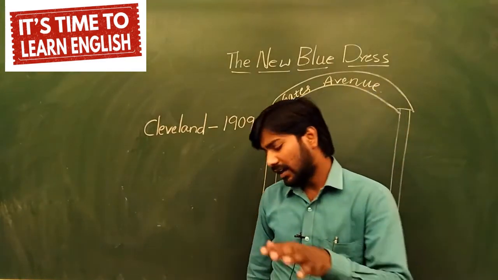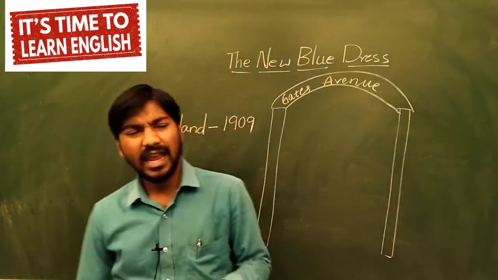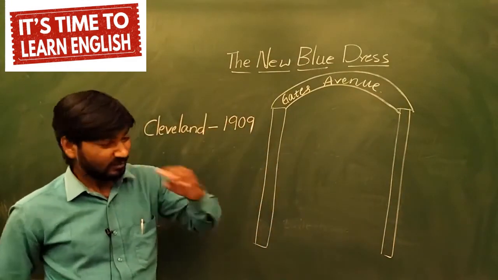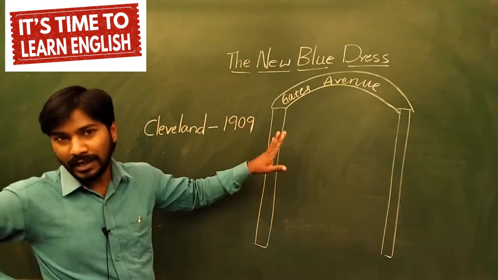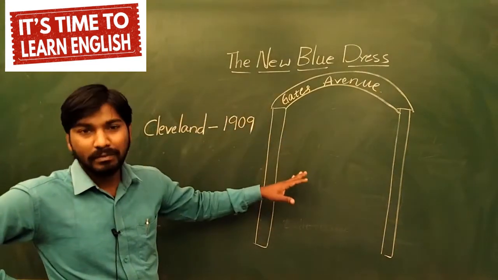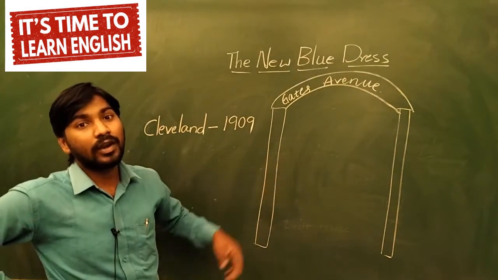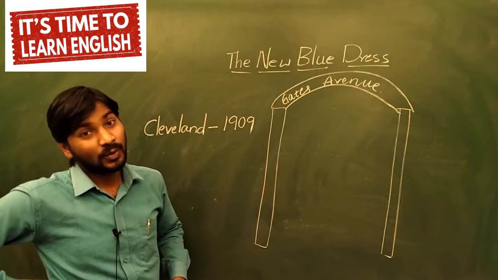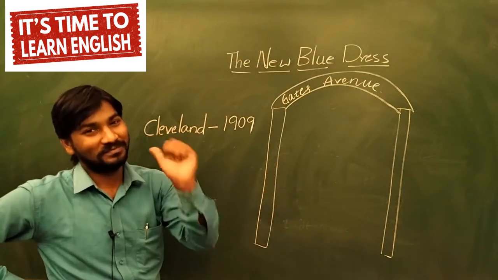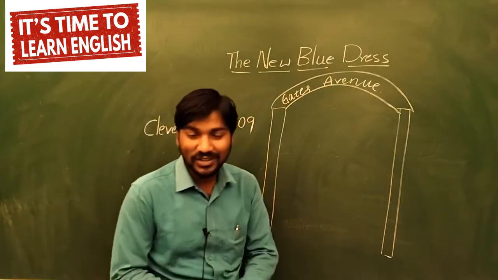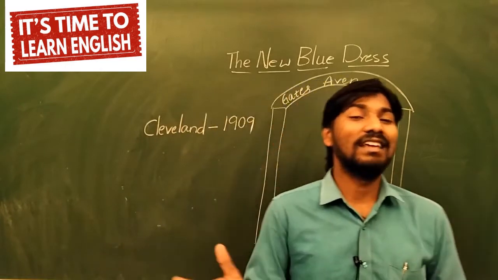So finally we can say that it is the dirtiest street in the city of Cleveland. Houses not painted, no footpaths, no street lights, and moreover no running water. No running water means no bath. So it was the dirtiest place in Cleveland.